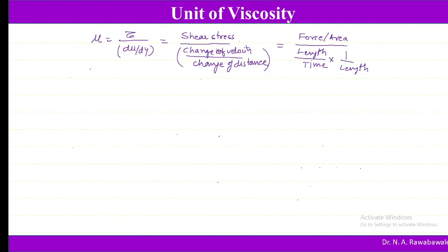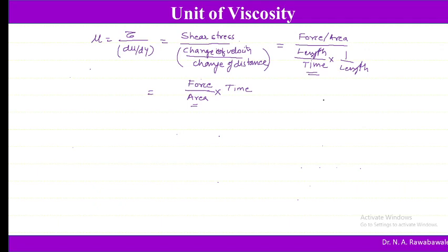Now we can see here this length and length get cancelled. So in the numerator, what is going to be there? Force divided by area. And this time, which is in the denominator of the denominator, comes into the numerator as time.